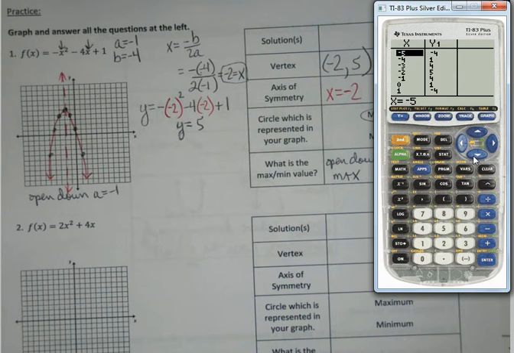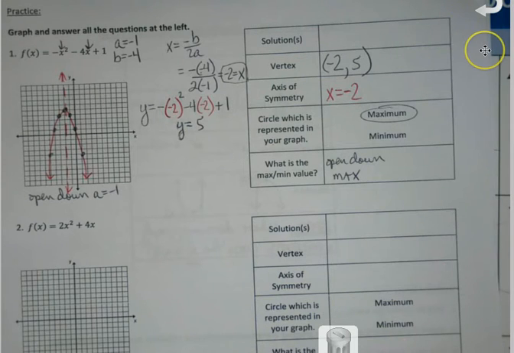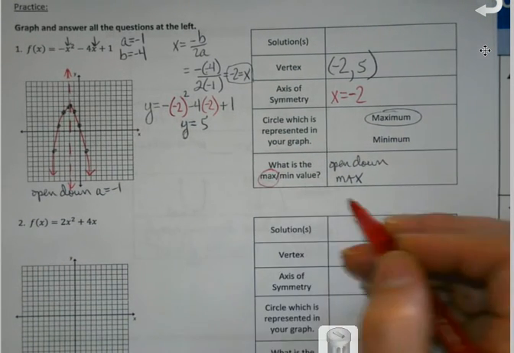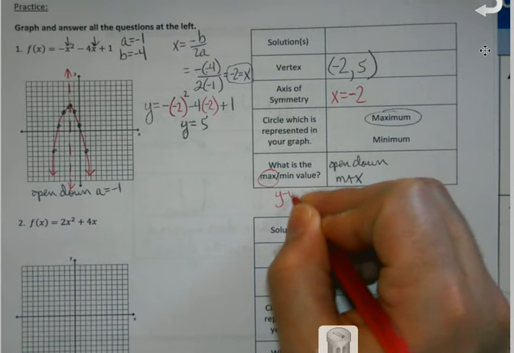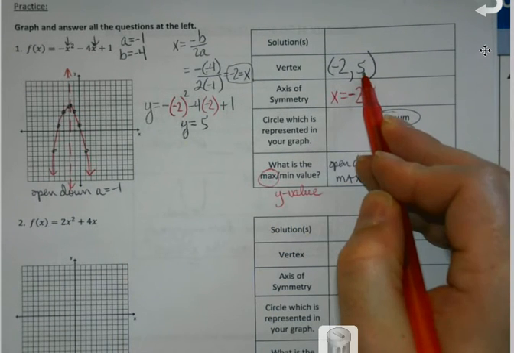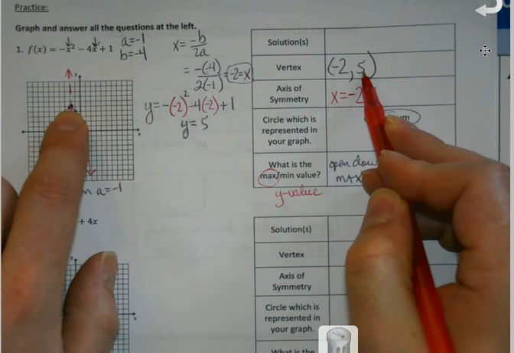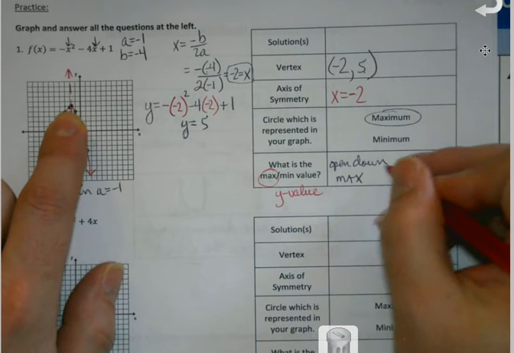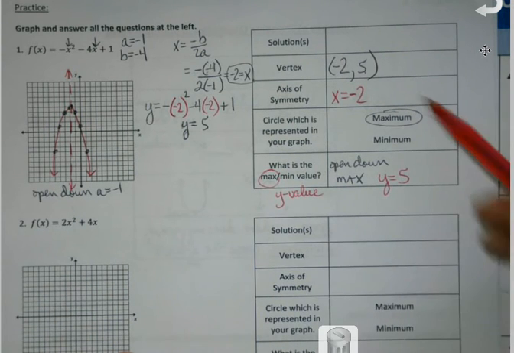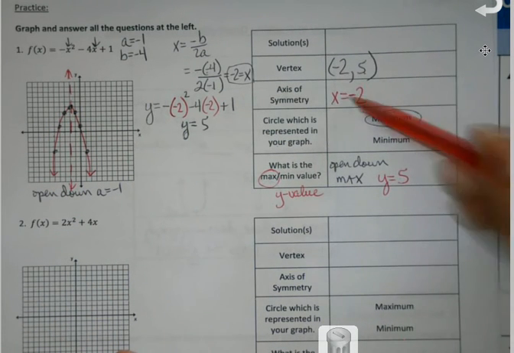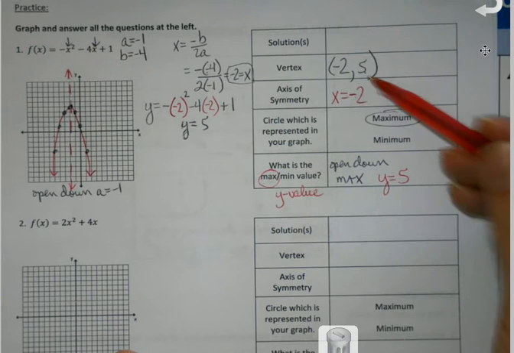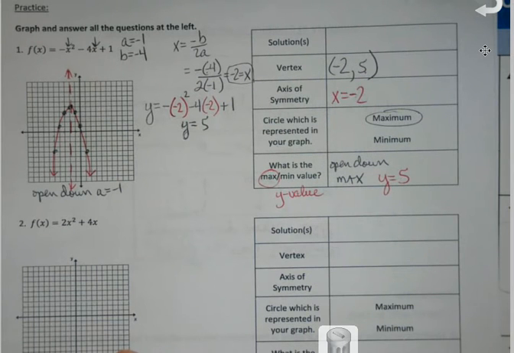So then, you're like, okay, what other information do I need still? Well, what is the max value? The max value is the y value. So at my vertex, that's where my max is at. My max value is 5. So you're like, oh, so I get two things out of the vertex. I get the axis of symmetry from x. I get the maximum value from y.